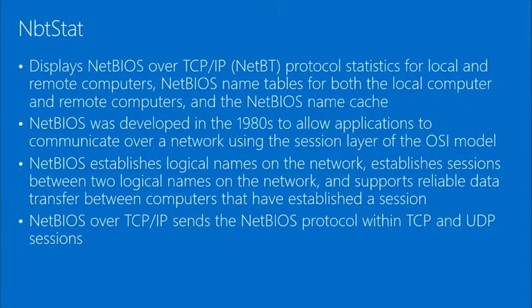Basically, NetBIOS allowed computers to have names similar to DNS, but before Microsoft really implemented DNS. This is when Microsoft used NetBEUI as one of their default protocols. NetBIOS was the naming scheme that was used, and NetBIOS tended to only work on local computers. NBTstat displayed this NetBIOS information.